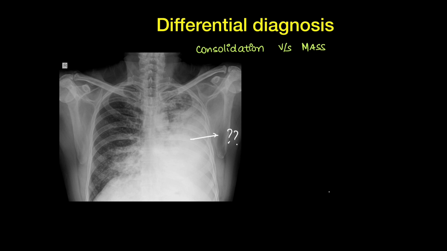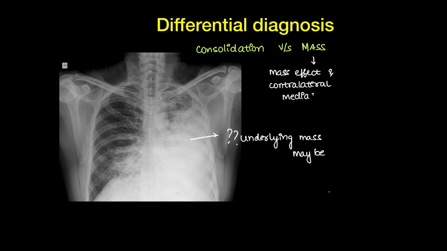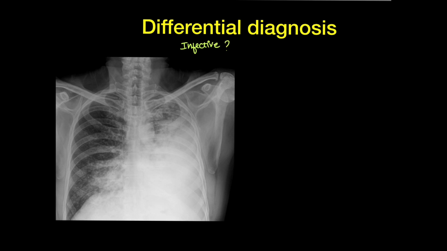How can you see whether it's consolidation or a mass? There can be an underlying mass under the consolidation, but usually if a mass is present, there is mass effect also, and there is contralateral mediastinal shift, but not in all cases. How to differentiate whether it's infective or because of mass, effusion or atelectasis? The main clue will be the clinical details.